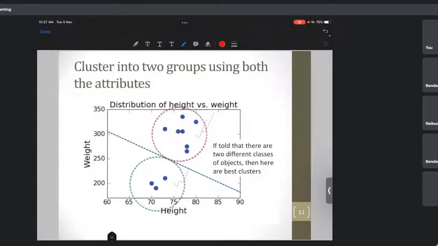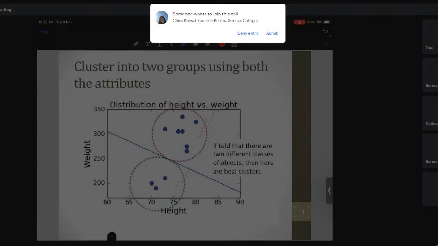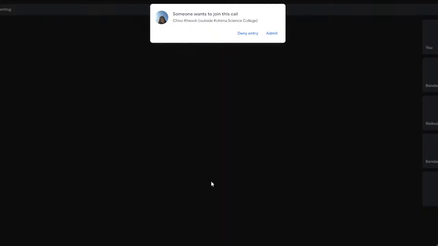We are trying to figure out whether that labeling can actually be done based on the features, or can we model these data points based on the features so that this kind of labeling will be possible without actually knowing the position of the players. So based on the labeling, this line will be a better choice for division of the players. Below this line, these players will be receivers, and above this line, these players will be linemen.